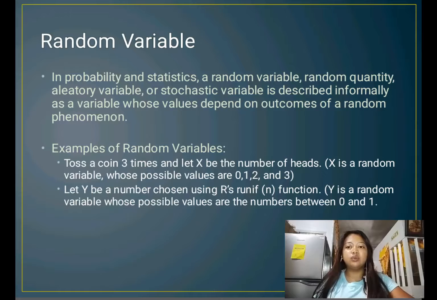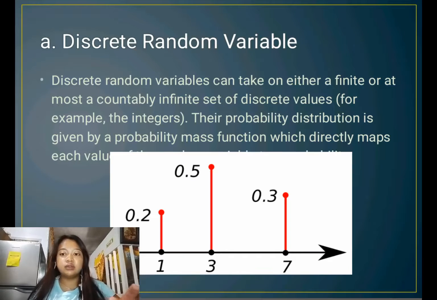And there are two types of random variable: the discrete random variable and the continuous random variable. For now, let us talk about the discrete random variable. Discrete random variables can take on either a finite or at most a countably infinite set of discrete values, for example, the integers.